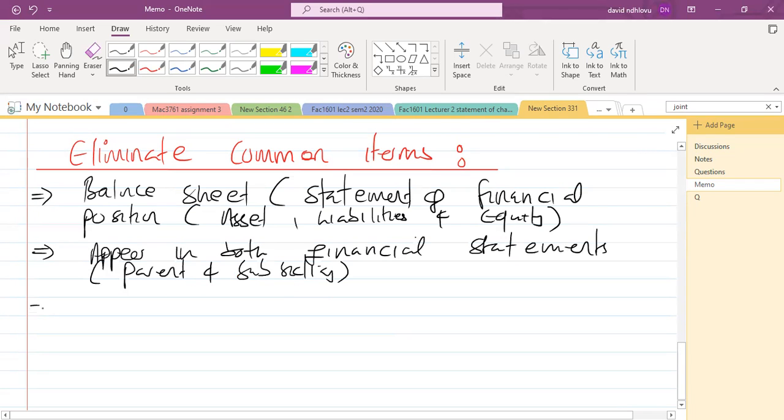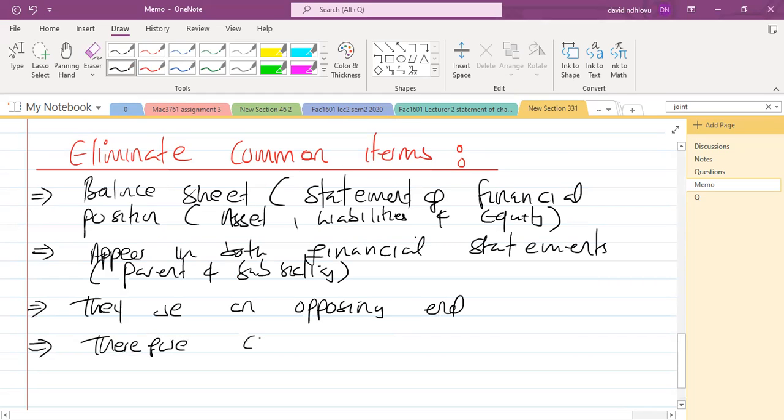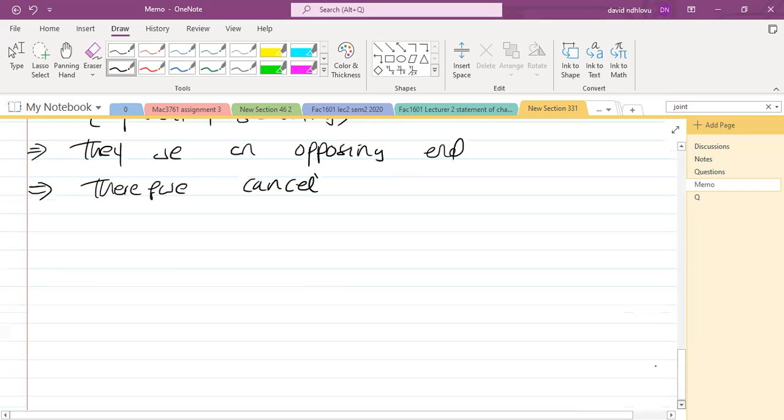They are on opposing ends, and therefore cancel out each other. So before we actually combine the financial statements, if we have common items, we must remove them from the books by canceling them against each other.